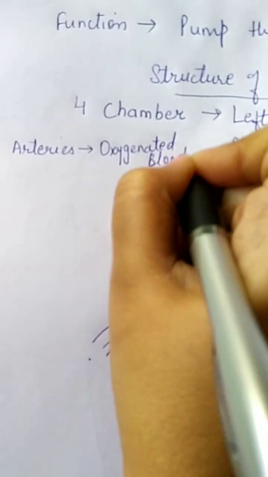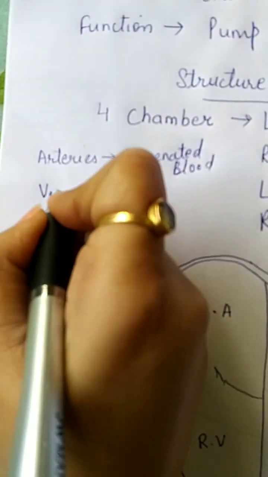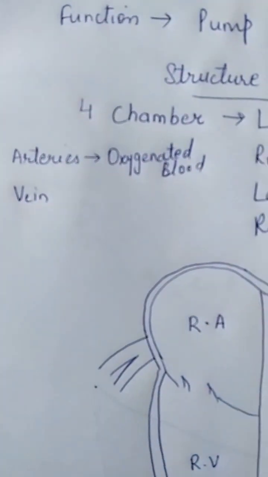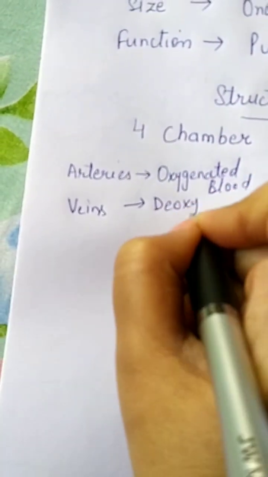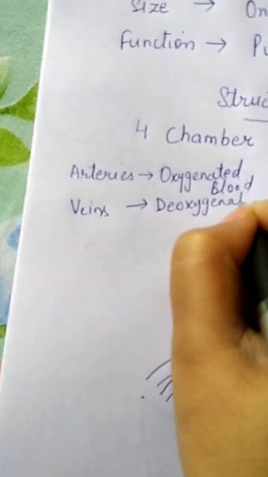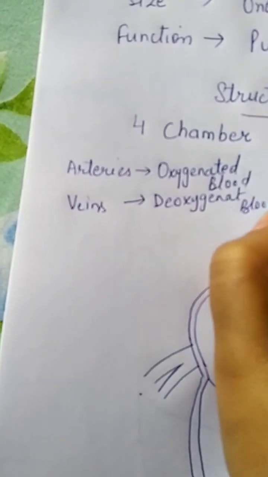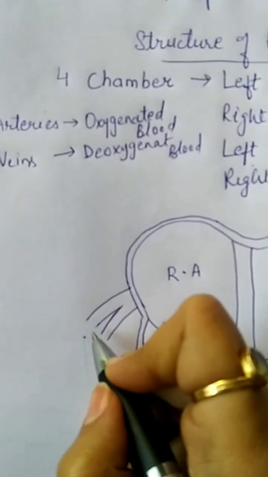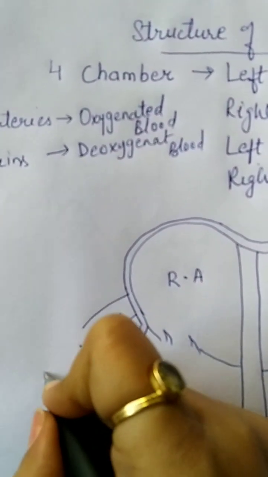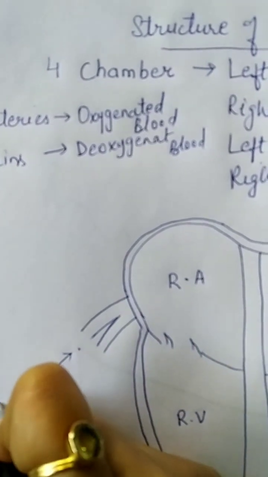And veins carries deoxygenated blood, that is the blood which is rich in carbon dioxide. So the two veins, that is called as vena cava.